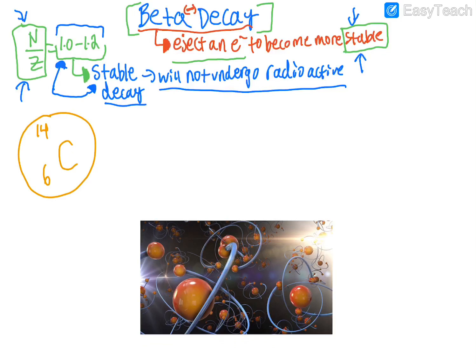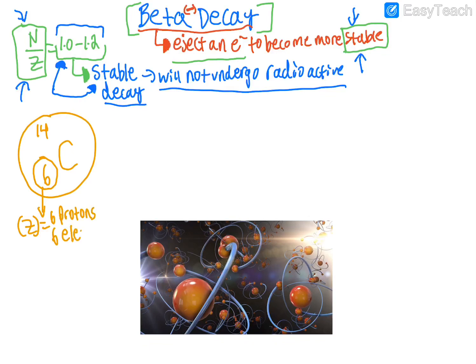To calculate the number of protons and electrons an atom has, just look at the atomic number, denoted as Z. If the atom is neutral, it has 6 protons and 6 electrons.